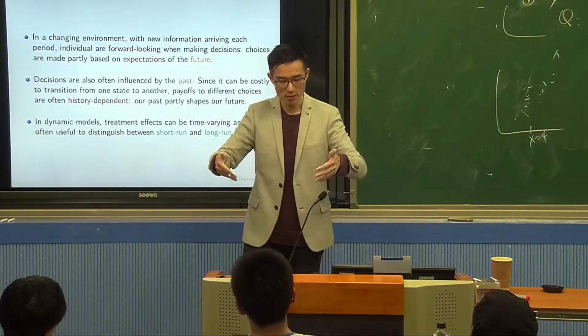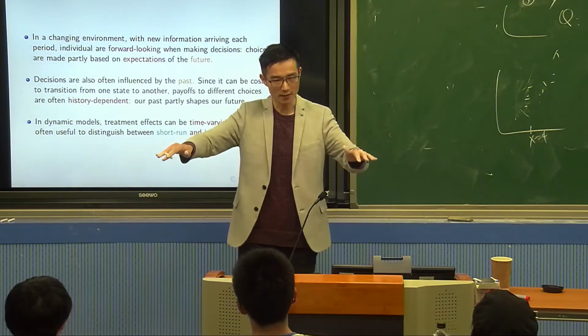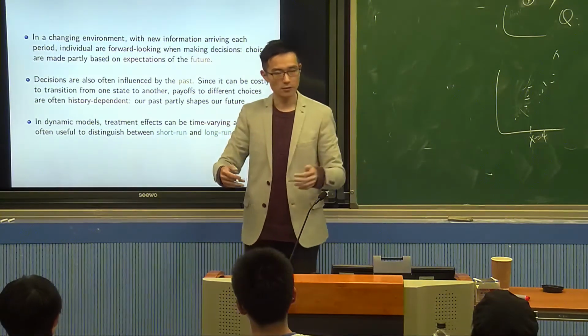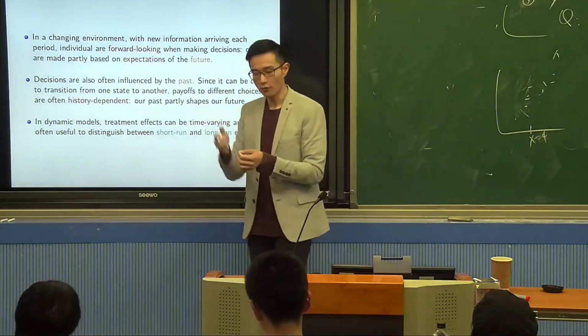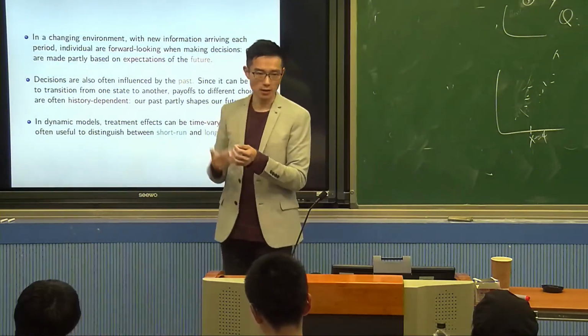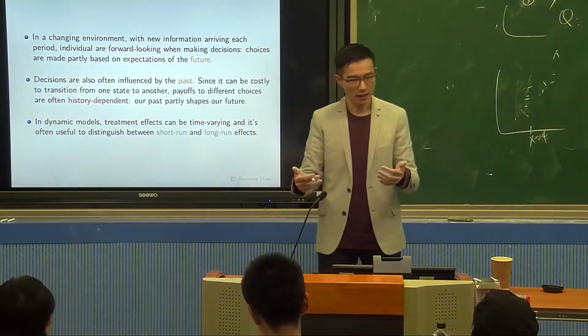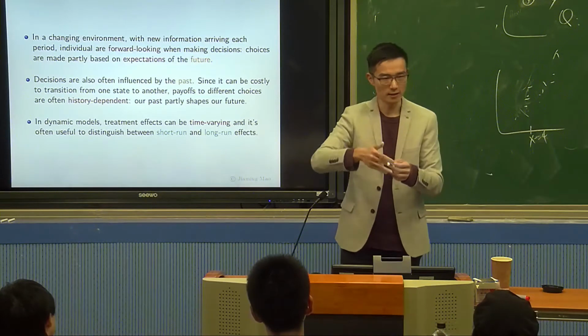So when you make each choice, you always look into the future and try to calculate all the different paths available to you, conditional on whether you go here or go there, right? So in other words, in a dynamic environment, any choice is both forward-looking and also contingent on the past. Okay? The past defines the choice that you face today, and when you make a choice today, you look into the future, and on and on.